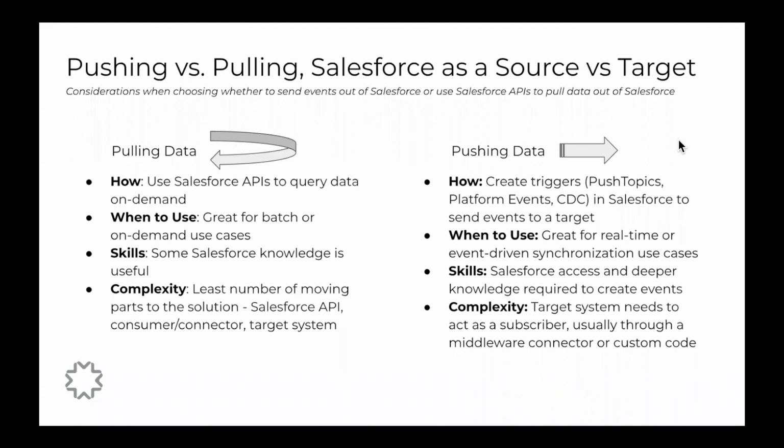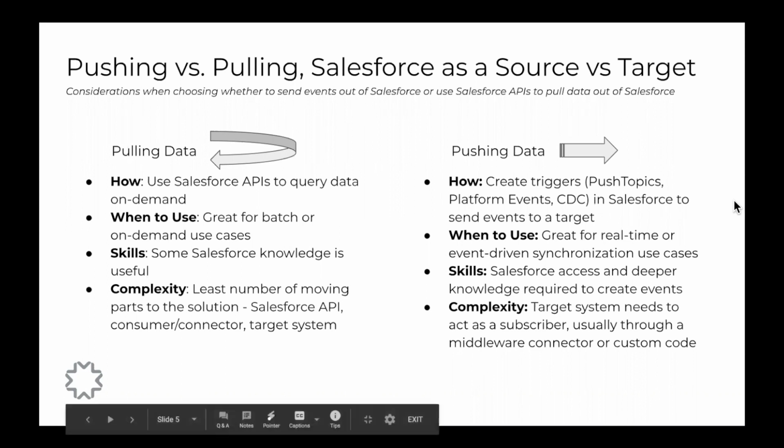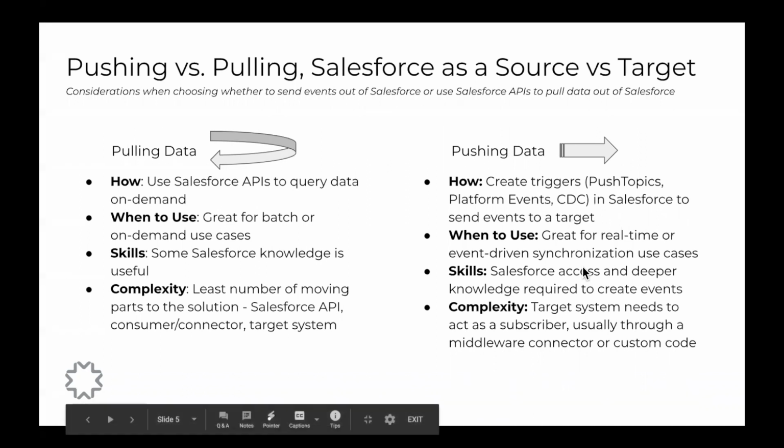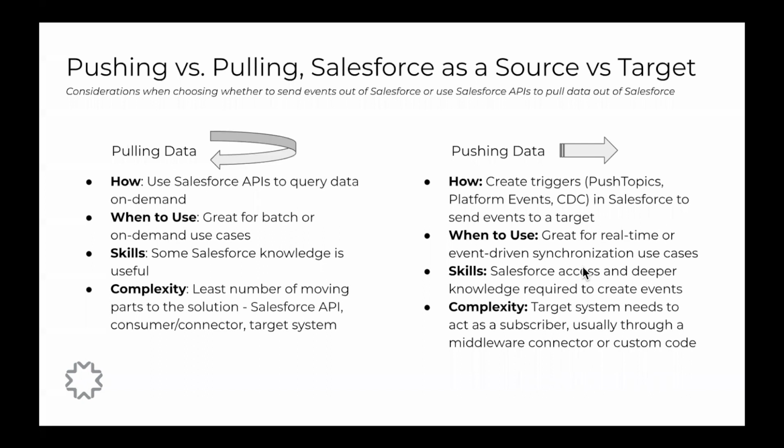Pushing data, we typically do that through events, and we're going to talk about that next. This is a little bit more complex, but it also solves some more complex problems. In this scenario, we're typically creating triggers and sending events to a target. This works very well for event-driven synchronization use cases.